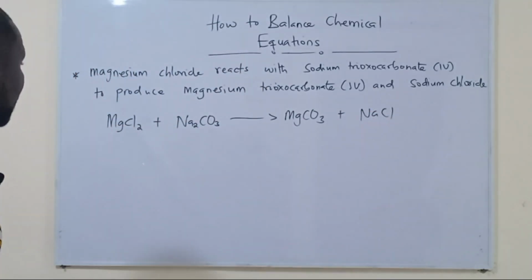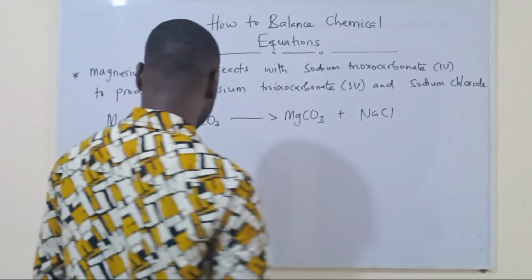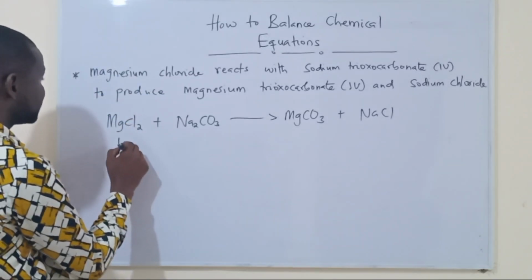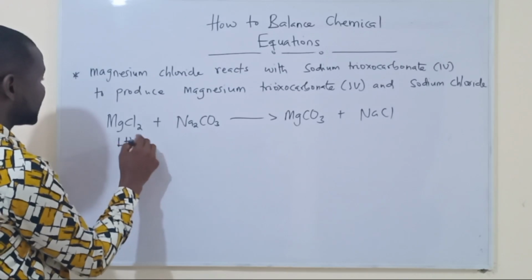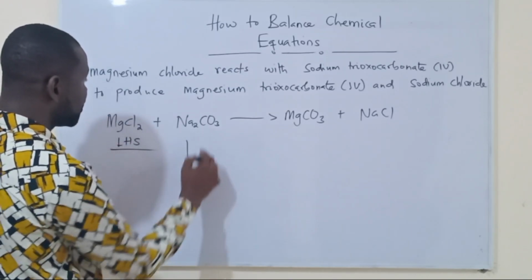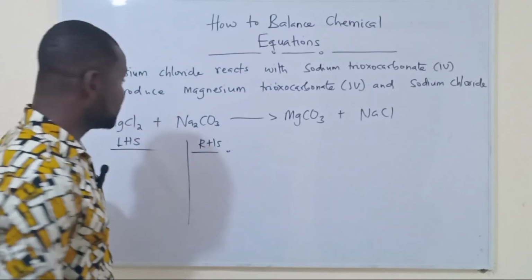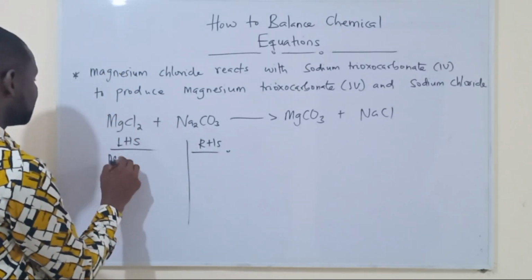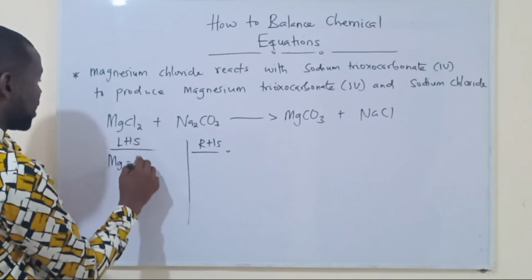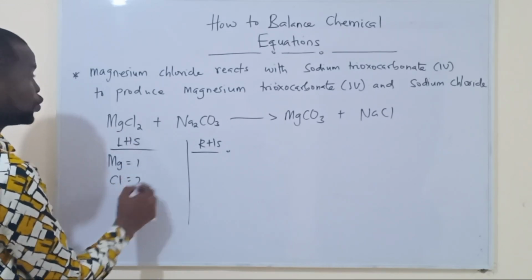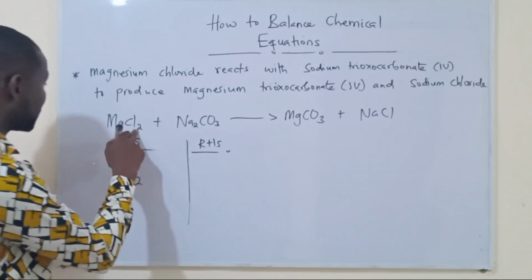So we want to find out if this equation is balanced or not. So I have my left hand side and my right hand side. So we're using the guess method. So I have Mg, here is 1, Cl is 2, or you have 2 atoms here.